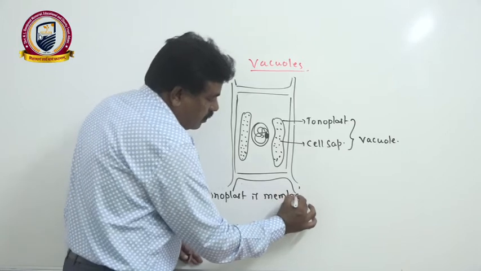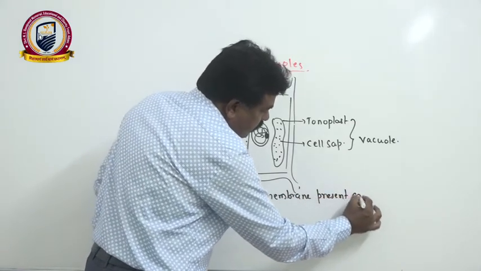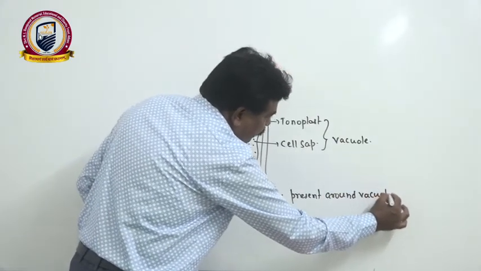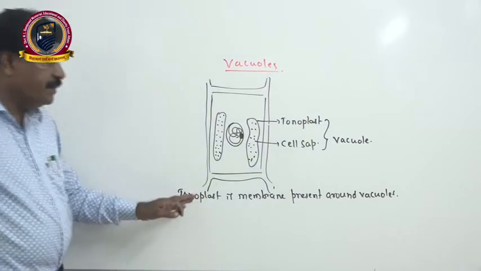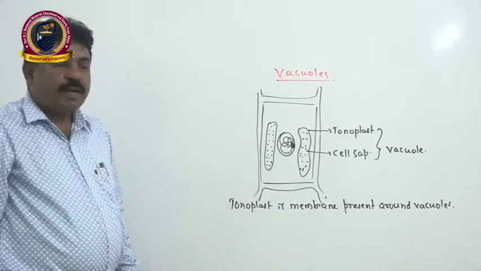Therefore, the tonoplast is the membrane present around the vacuole. It is a semi-permeable membrane which plays a very important role in plant life.